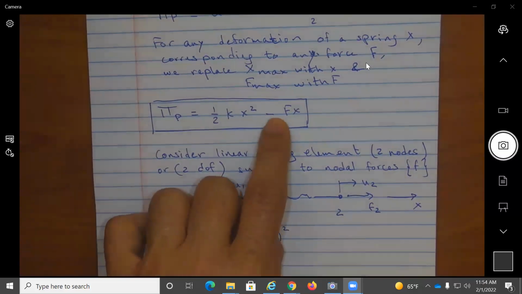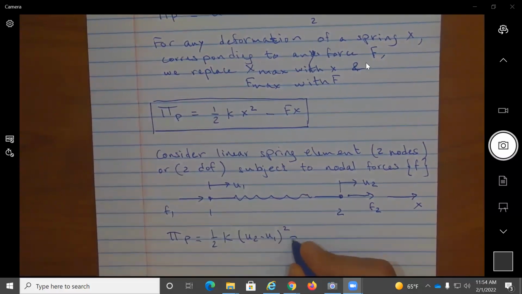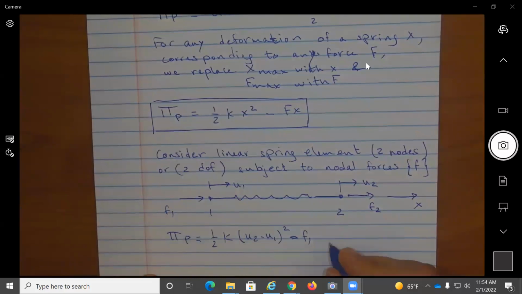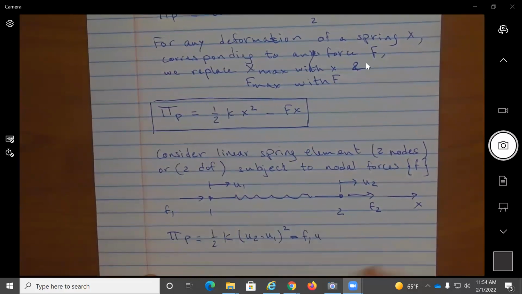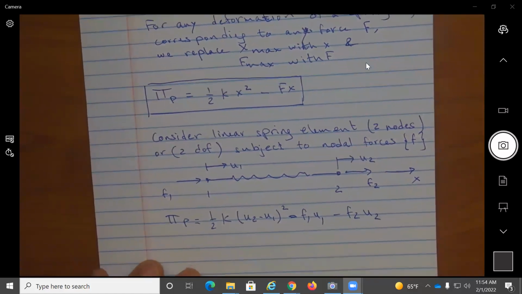And then I have a minus F times X. But here I have 2 forces. So I'm going to write 2 terms. I have a minus F1 multiplied by its corresponding displacement U1, and I have a minus F2 multiplied by the corresponding displacement U2.